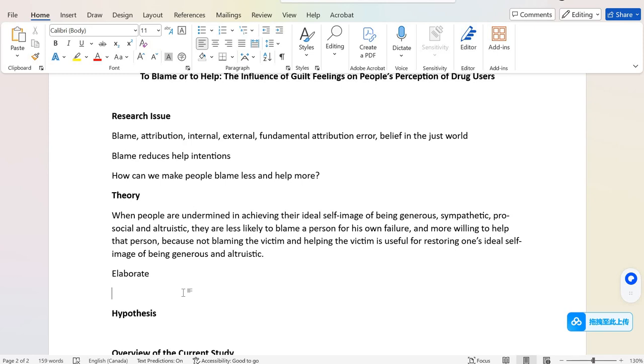In most societies, there's a social norm, the social responsibility norm. When you see some people suffer, you should be sympathetic. You should offer help. You don't let people die. You don't let people suffer.